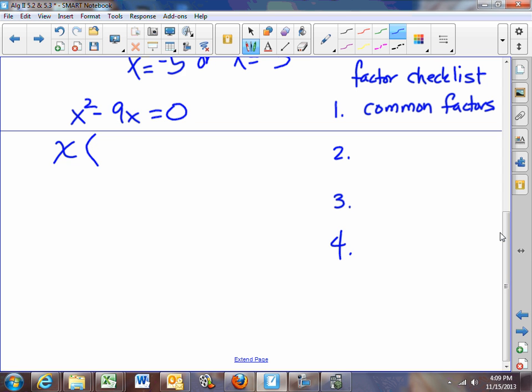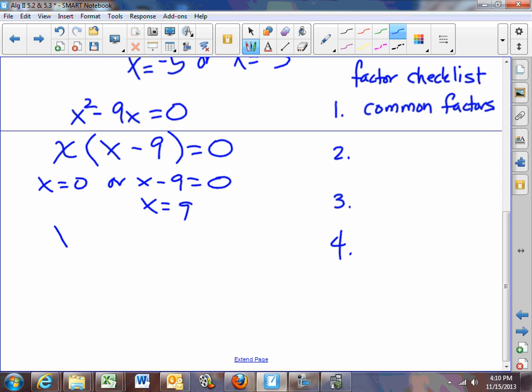Well, x times x gives us x squared, and x times negative 9 gives us negative 9x. So now we have two factors, x and x minus 9. So x equals 0, or x minus 9 equals 0, in which case x equals 9. So x is an element of the set {0, 9} in this particular case.